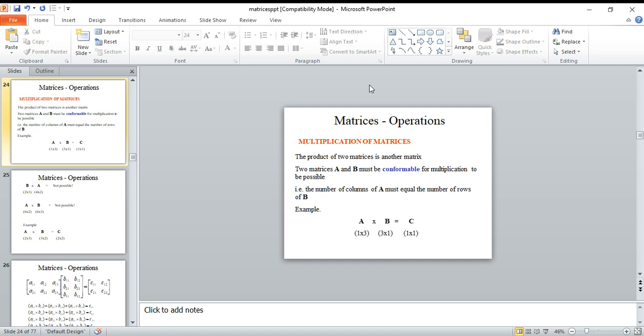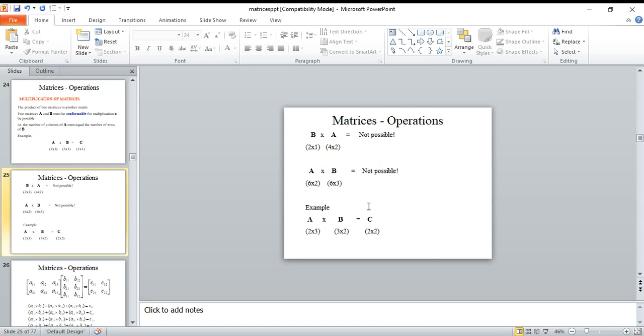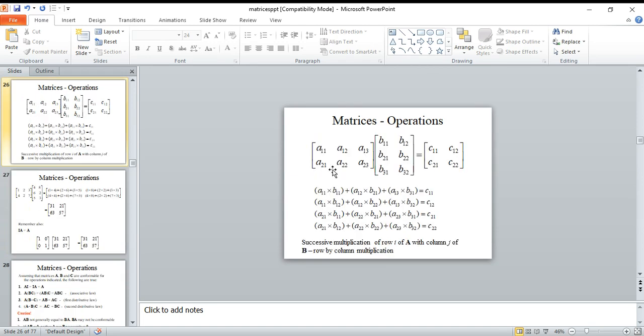Then it is possible to multiply the two matrices. Matrix multiplication is slightly hard, so we discuss it one more time.